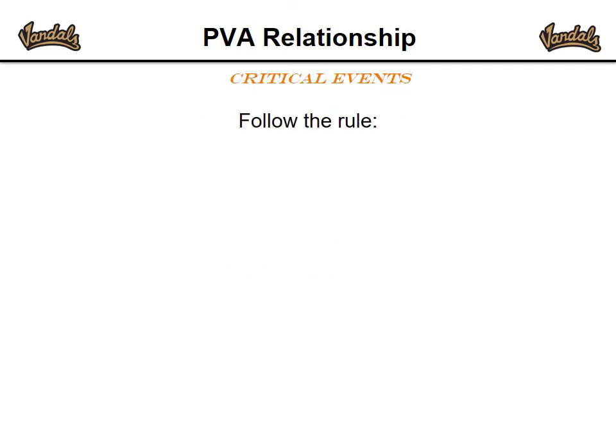Now, to make this graphical representation, the theoretical, qualitative representation of the PVA relationship, we're going to look at some critical rules that should make things a little easier for you. If you follow these rules and follow the procedures that I outlined, you should have no challenge moving from P and V into A. The hardest part would be just establishing what your position graph looks like.